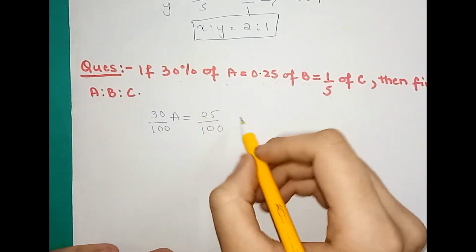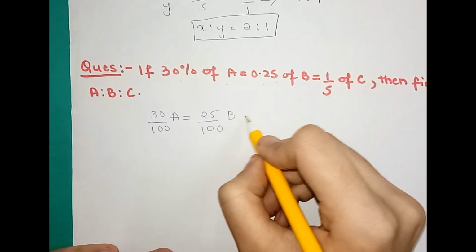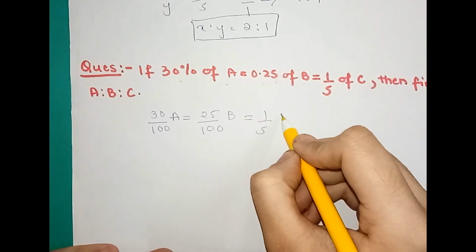So it will be 25 by 100 of B, which will be equal to 1 by 5 of C, right?